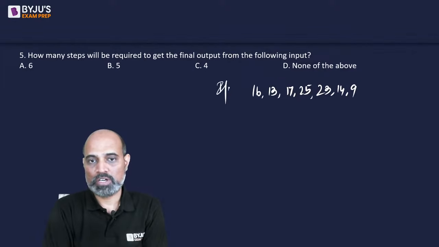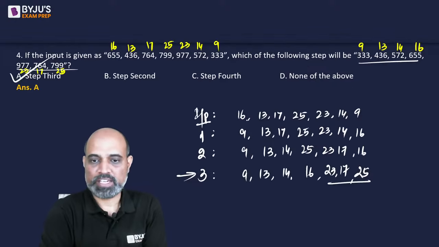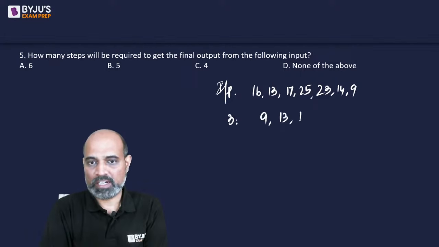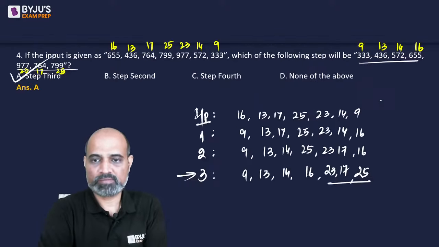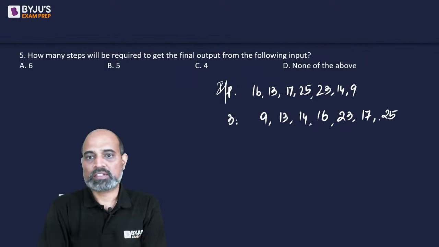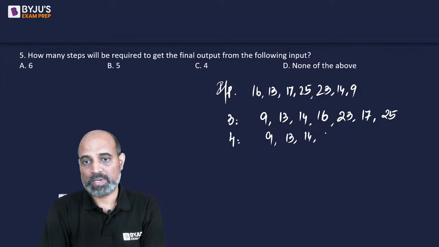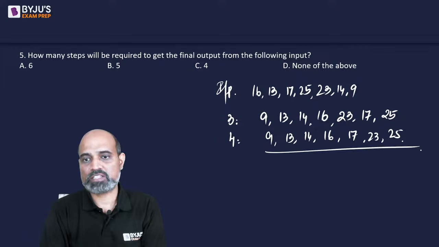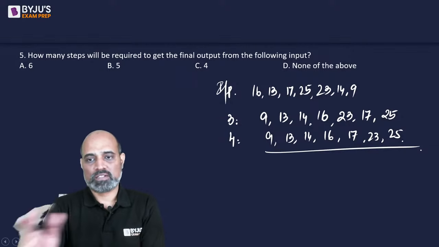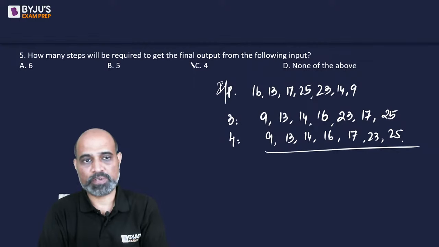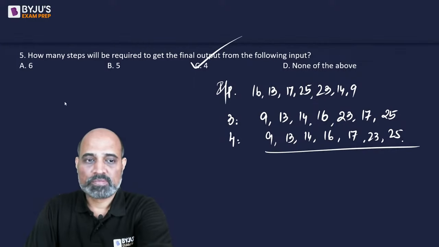If this is the input, we have already seen that at step 3, we have got 9, 13, 14, 16, 23, 17, and 25. The next step will be that after 16 we are supposed to have 17. So 17 comes to 23's place, and 23 moves to the next one. So can we say this has already been sorted as per the sequence, right?